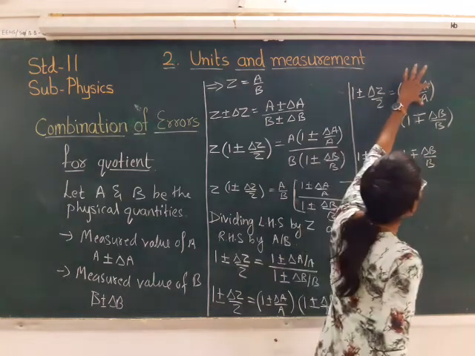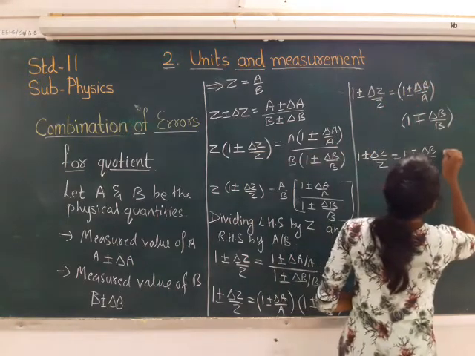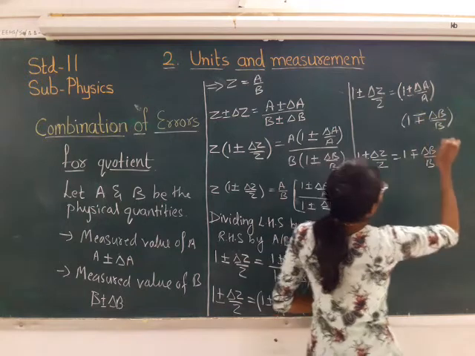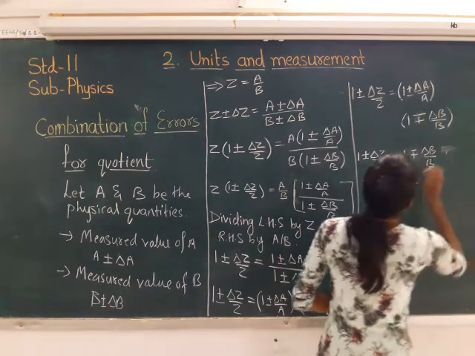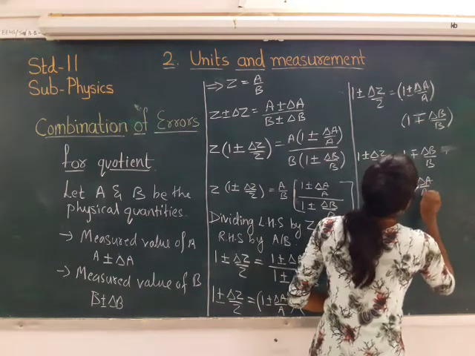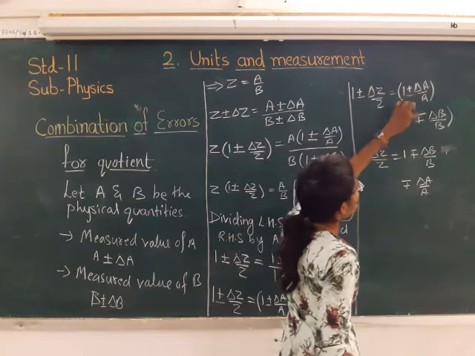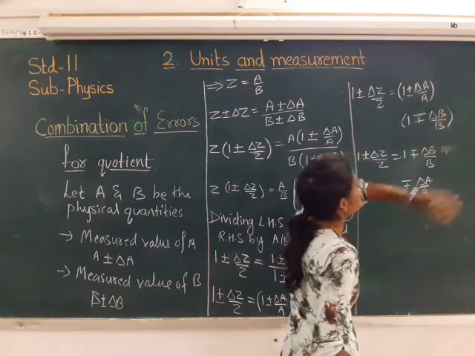Then I need to multiply this plus minus delta a by a with 1. That is again plus minus, that will be minus plus delta a by a, and plus minus into minus plus, which is again minus plus, delta a by a into delta b by b.